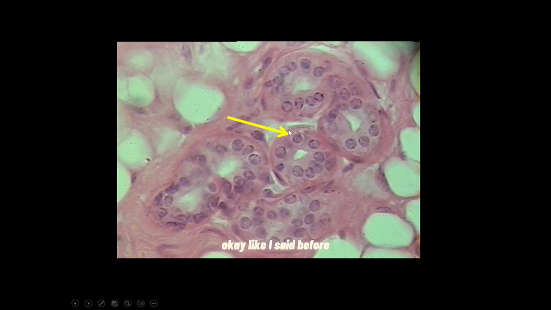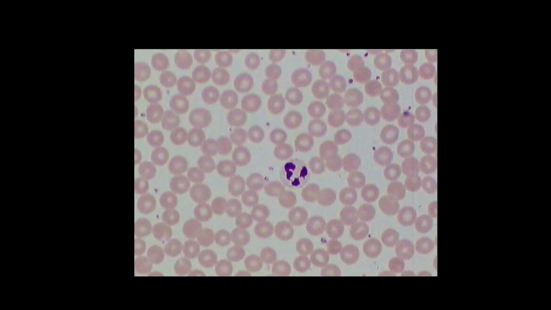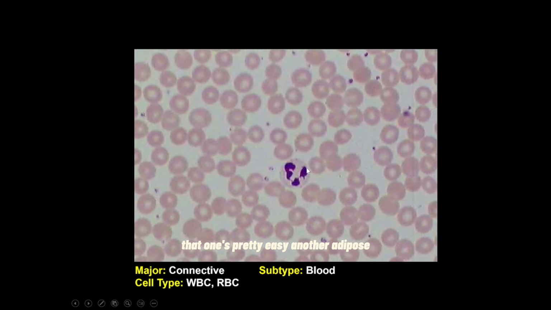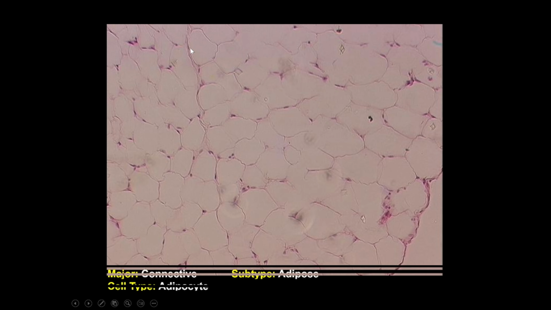Okay, like I said before, if you see a circle of cells like this, it's going to be cuboidal, simple cuboidal epithelium. And then this is going to be blood because it's just a bunch of circles. That one's pretty easy. Another adipose.